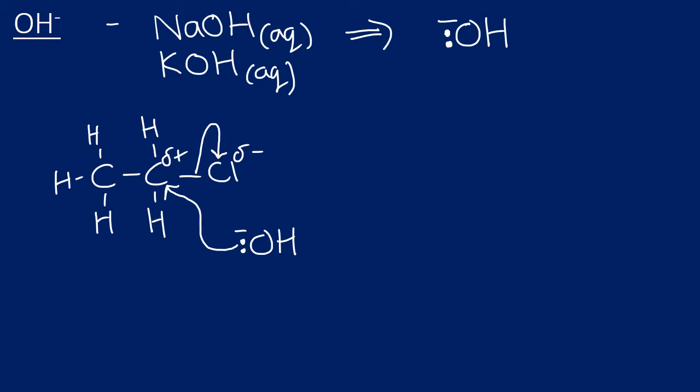We've got a pair of electrons moving from the O to the C, and the bond is being formed between the O and the C, and this O is effectively losing one of its electrons to the carbon because it is using both of its electrons to form the bond with carbon. So you're going to find that the negative charge has gone, and we now have our OH bonded to that carbon.